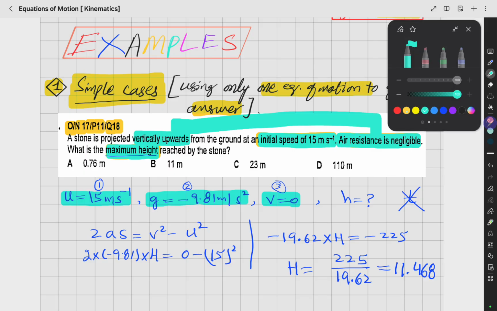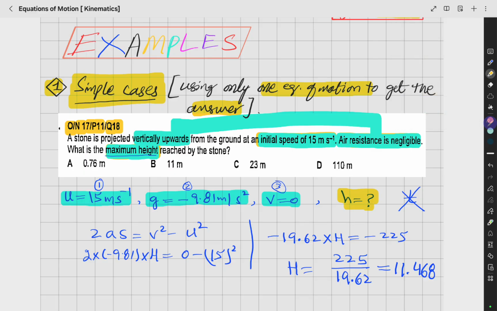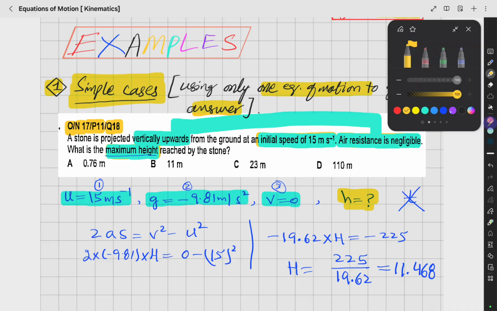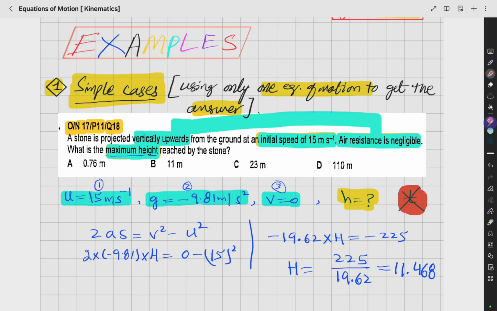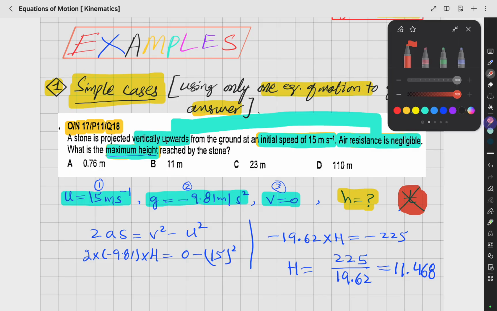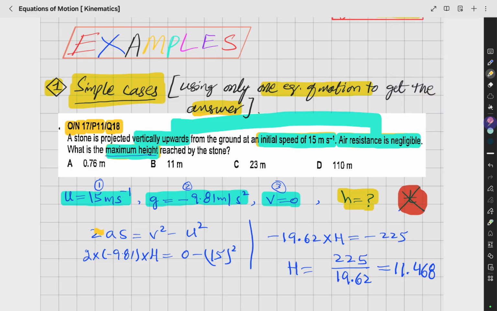And what you have to find is the height. What is the missing quantity over there? You will see that time is missing. So you look for the equation in which time is not there. That equation is 2as = v squared minus u squared.